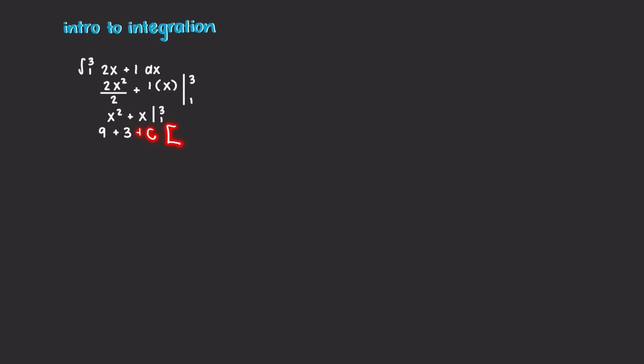Then you're going to subtract what happens when you plug in 1. But in this case, if we added a c, these c's are going to cancel out, because this negative sign distributes to this one and it cancels out. So worst case scenario, you write a c and they're going to cancel out. That's why we say not to add it with numbers: because we're subtracting two of these, the c's are always going to cancel out and you don't need to worry about it.